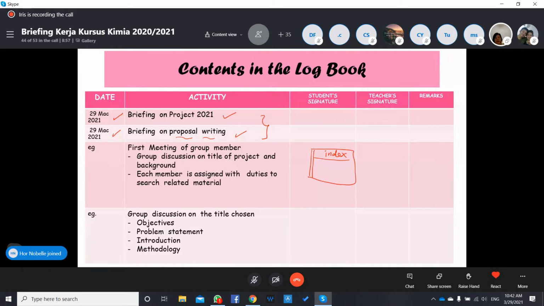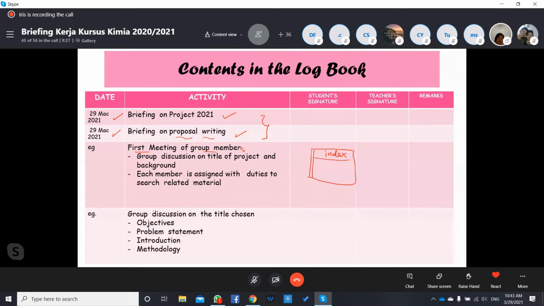So I just give an example. Let's say after forming the group, you will have the first meeting of the group members. In the first meeting, what content do you discuss? Maybe a group discussion on the title, what title you want to choose for your project, and the background, literature review and so on. At that first meeting, maybe you assign each member certain duties, like searching for some material.